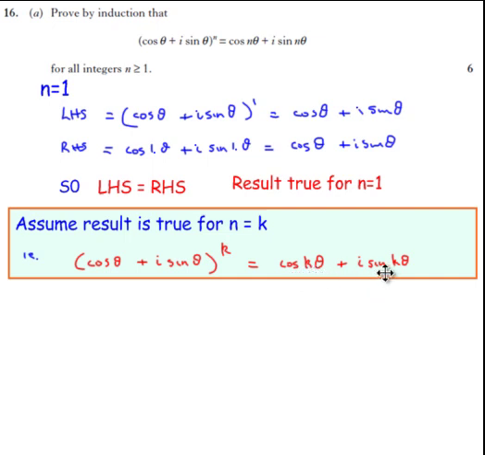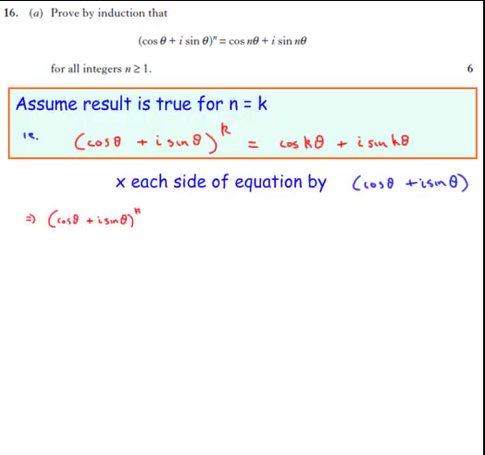We can very easily get the left hand side correct if we multiply by cos theta plus i sin theta on both sides. So (cos theta plus i sin theta) to the k times (cos theta plus i sin theta) on the left hand side is equal to (cos k theta plus i sin k theta) times (cos theta plus i sin theta) on the right hand side.